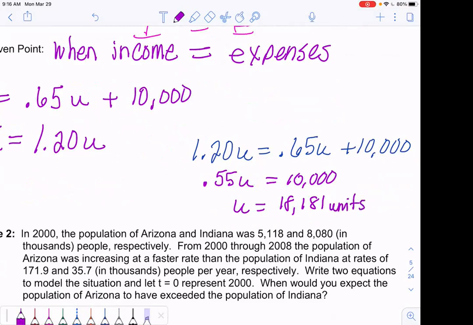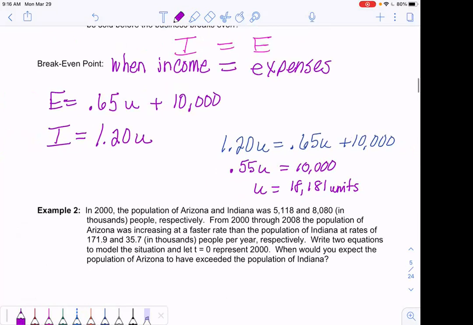So he said he ended up getting 18,181 units approximately, because we can't make, I guess we could technically have a portion of a unit made, the rest of it just sitting in the machine. And then when you plug that back in for the U, Peter, what did you get for the corresponding Y value?